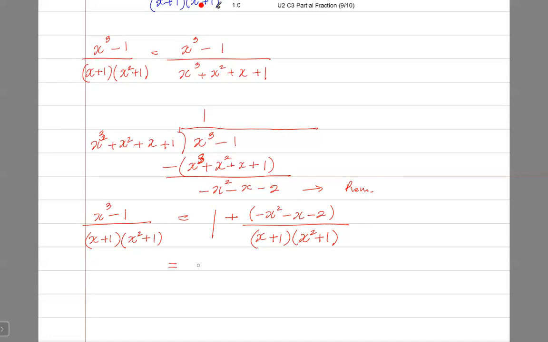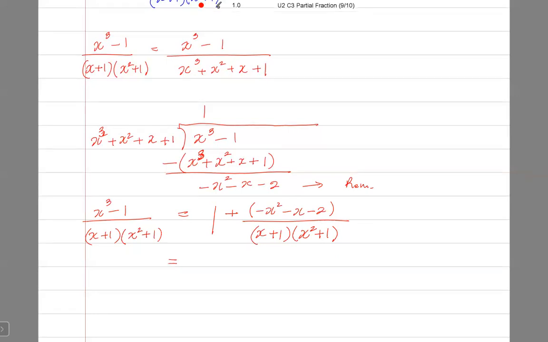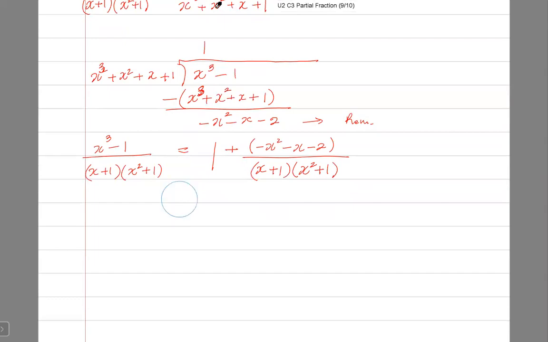So you can write this now as, this is 1 plus, sorry, minus. Let's choose minus. I'm going to factor out a minus. So this is minus, and the top is going to become x squared plus x plus 2, because I factored out the negative, over x plus 1 into x squared plus 1.